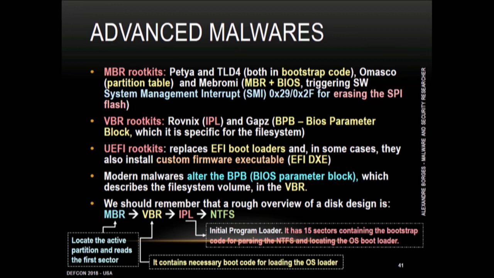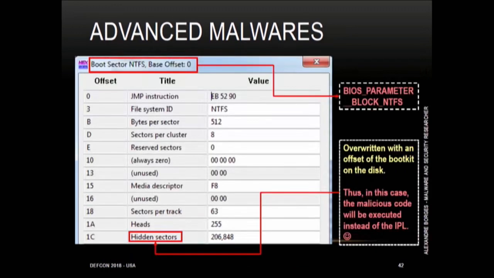Some malwares alter the BPB, the BIOS parameter block, to change the execution flow to another place. In this case, this kind of malware alters this last field, hidden sectors, to change it to another address and execute the malicious code instead of executing the IPL.